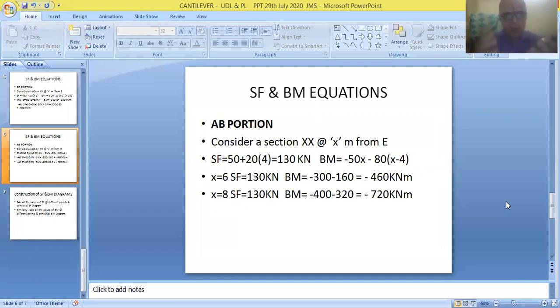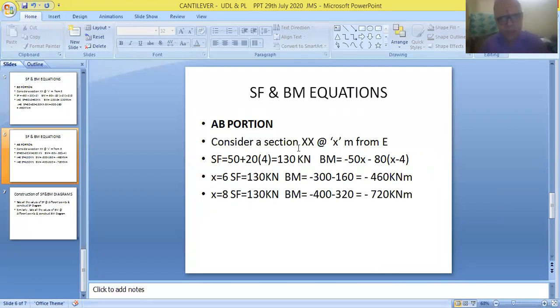So now we have to write the shear force and bending moment equations. So shear force is written as 50 plus 20 into 4. So 50 is a point load acting in downward direction.